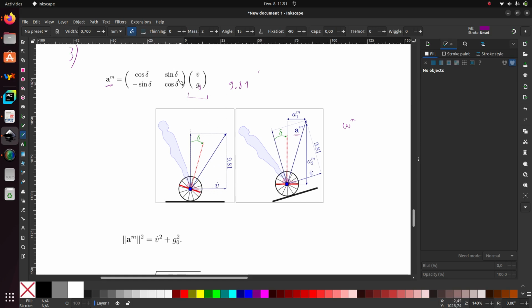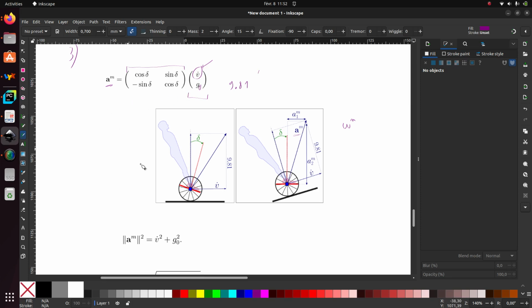Okay, and I have between the two a rotation matrix which is given here, where to go from the world frame to the board frame, I will use the rotation matrix with an angle delta, or minus delta if you prefer. So with this relation, it's important for me to first find the acceleration v dot, which is one of my state variables.